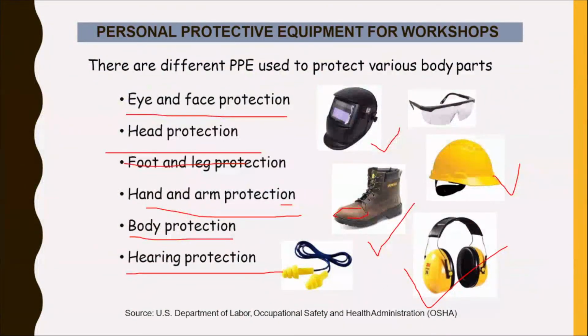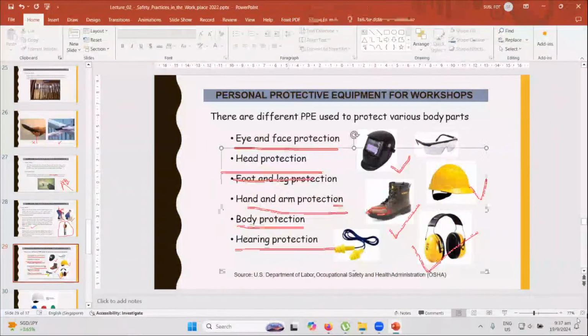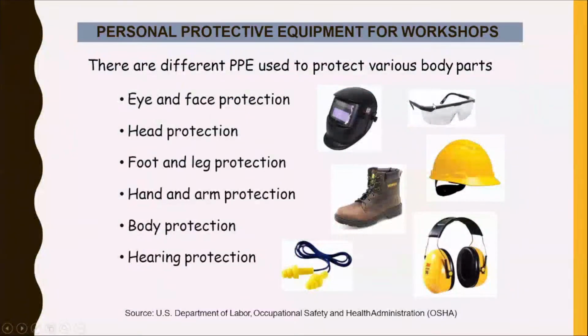Then there is some personal protective equipment you have to follow. You have to wear it in the workplace. Eye and face protection: face shield, goggles. Then head protection, you can wear this kind of helmet. Foot and leg protection, you can wear this kind of shoes.